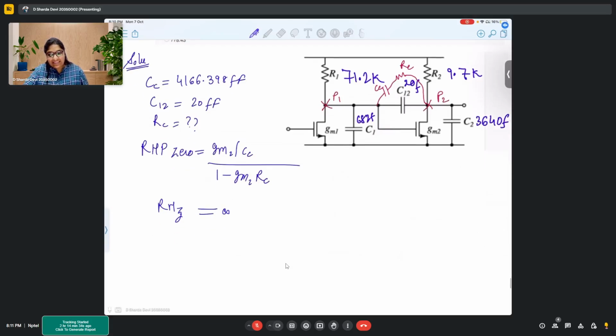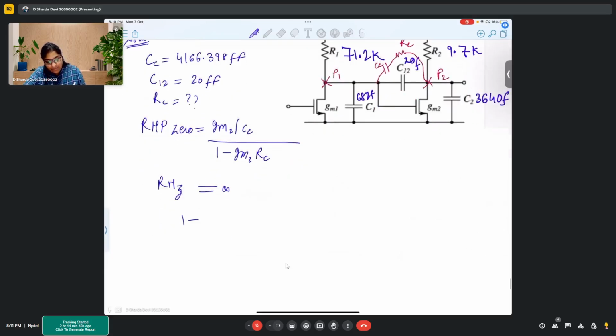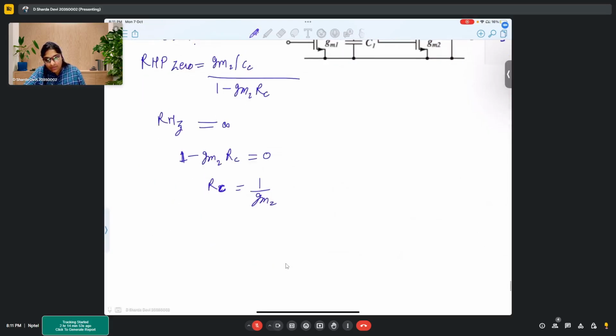It should be placed at infinity, that zero to be very far away. So from there we can say that 1 minus GM2 RC is 0, which brings us to RC as 1 by GM2.